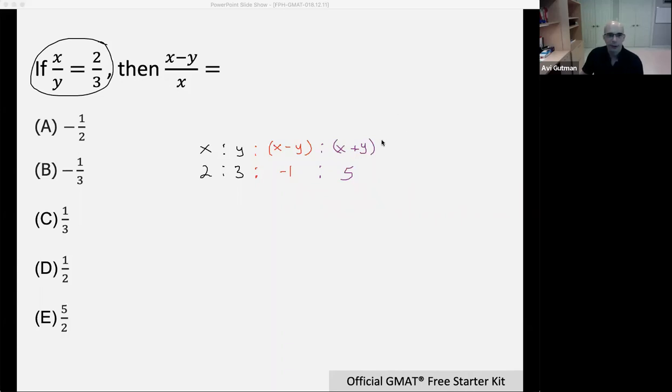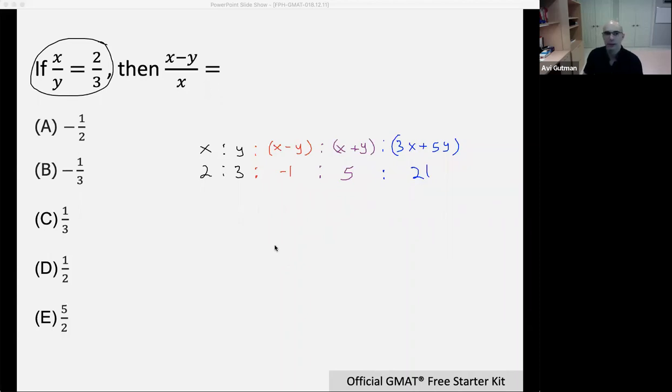And if I wanted to really go nuts, I could say that 3x plus 5y would be 21 ratio units, if I'm not mistaken. All I'm doing here is using the original numbers that I have in my ratio for x and y and plugging them in as I expand this ratio further and further.